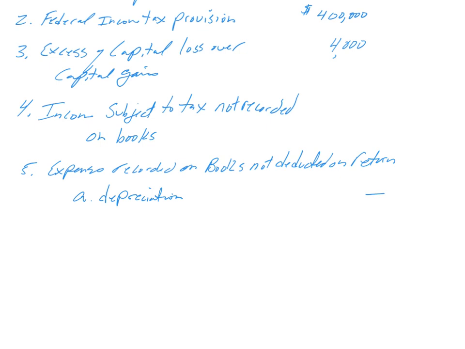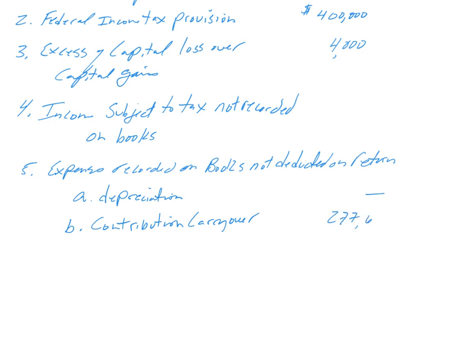So for us, depreciation, the adjustment for depreciation is 0 because our tax depreciation was larger than our book depreciation. All right, but what about charitable contributions? Well, remember that we adjusted our charitable contributions down for tax purposes. We have this carryover.